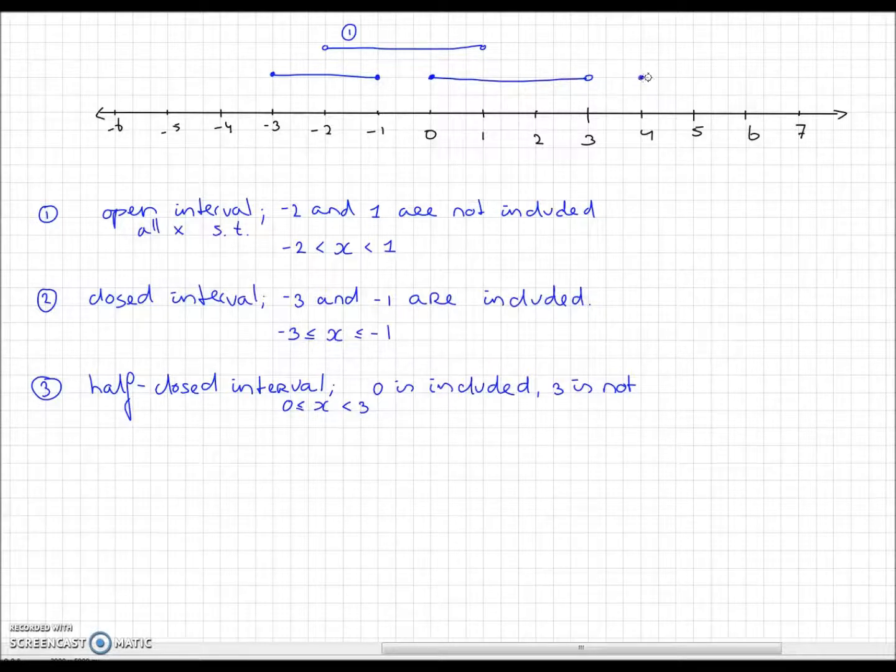There are two more intervals to consider. The first is the interval starting at 4 and then continuing ever onward until infinity. We can write this down as all values of x that are larger or equal to 4. There's no number on the other side because x only has one boundary.